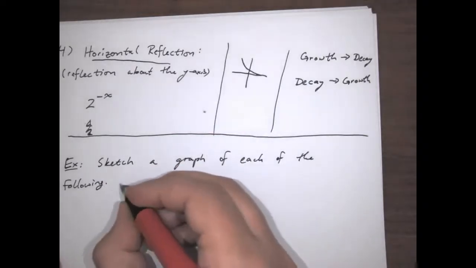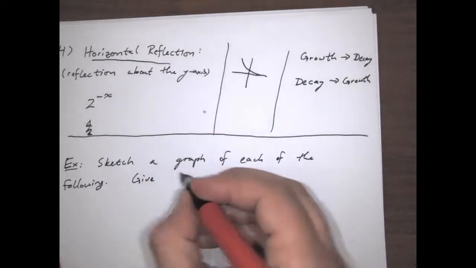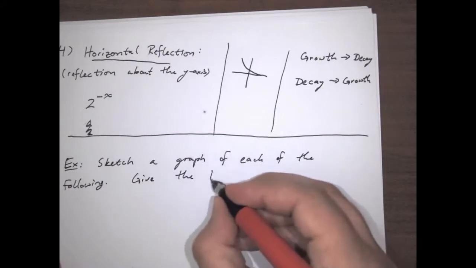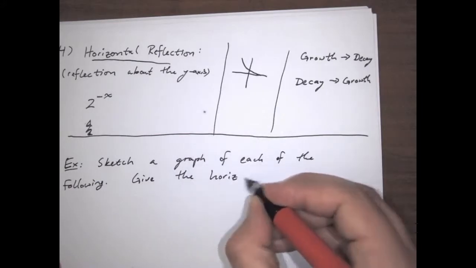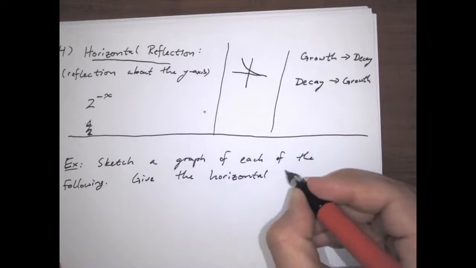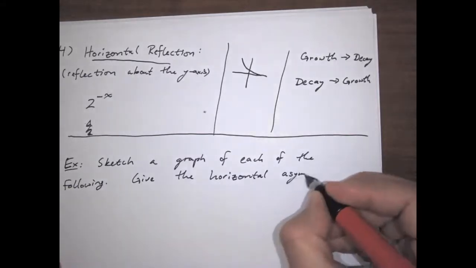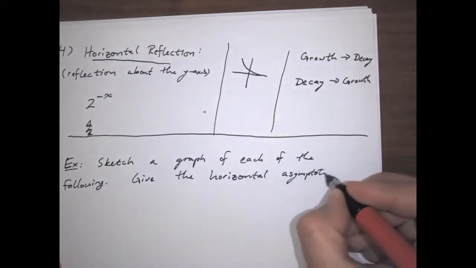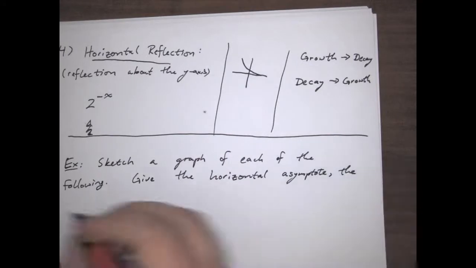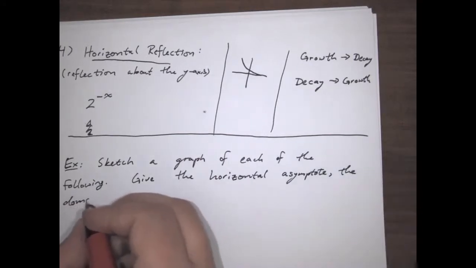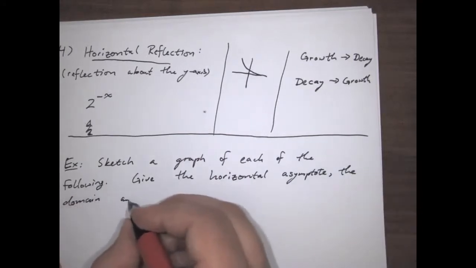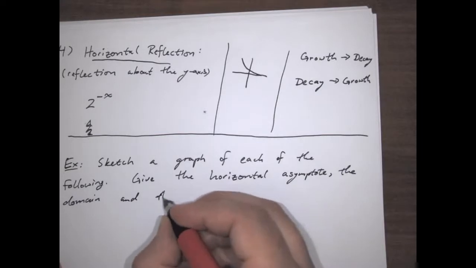And then give the horizontal asymptote, the domain, and the range.